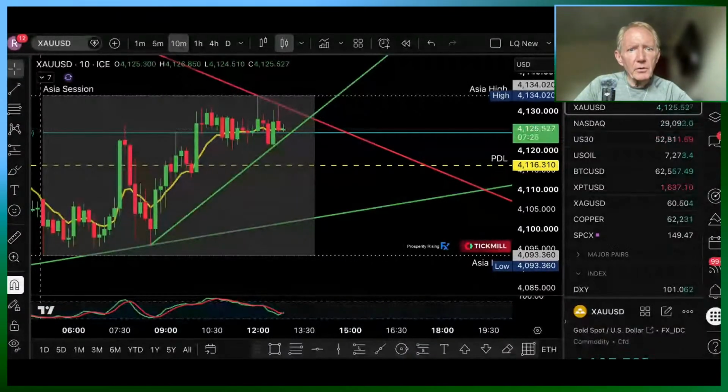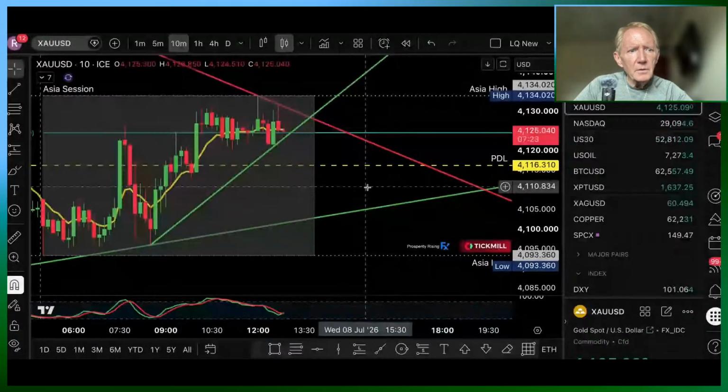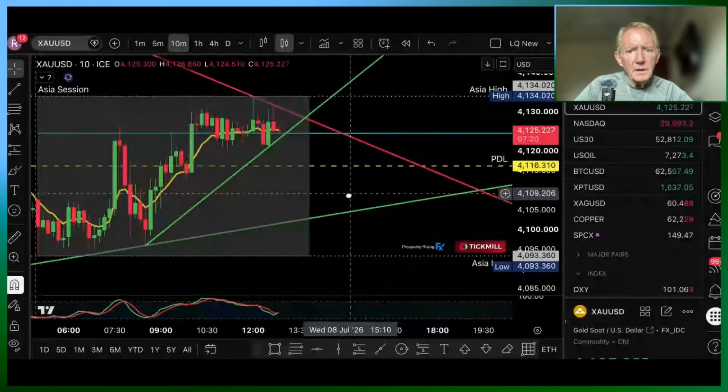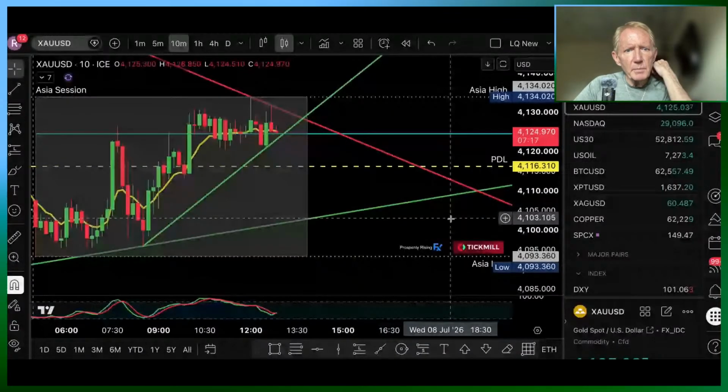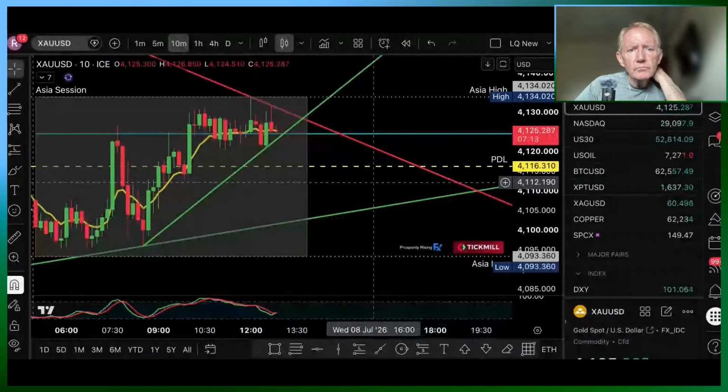But it does work. We have one guy in our Telegram group who likes to trade the bounce. And I know there's a trader on YouTube, she only trades the bounce. She doesn't trade the break.